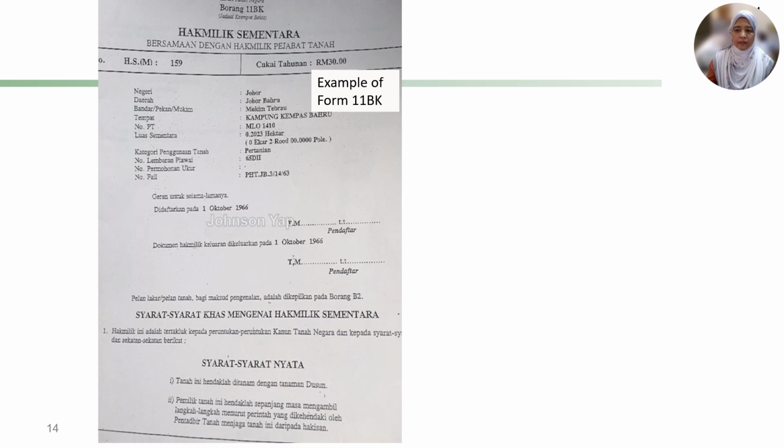Now, this slide will show you the similar situation, but for land office titles. So 11BK is the qualified title for land office title. Can you see the heading above? Borang 11BK, Jadual ke-14, hak milik sementara bersamaan dengan hak milik pejabat tanah. So this is a qualified title corresponding to the land office, and the form number is 11BK.